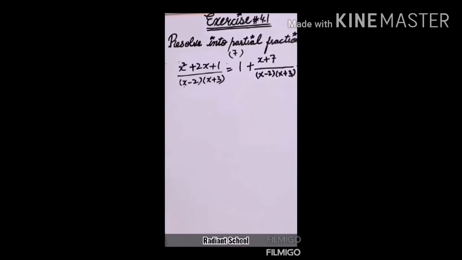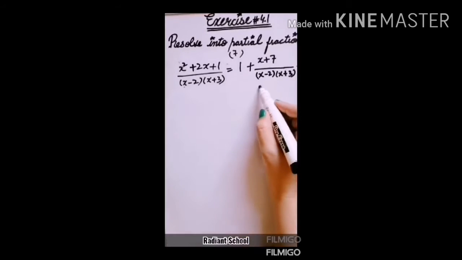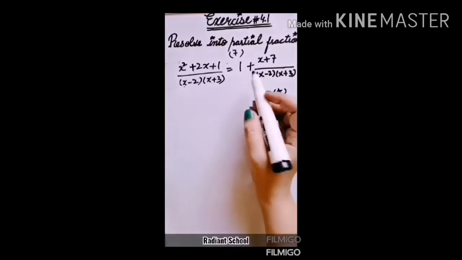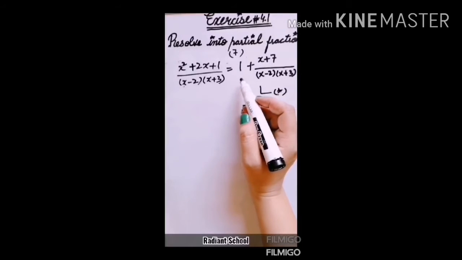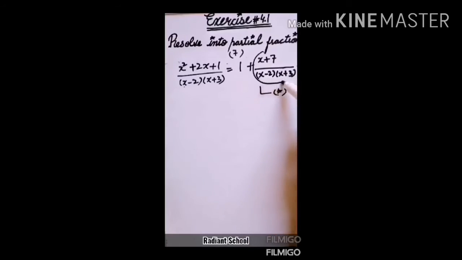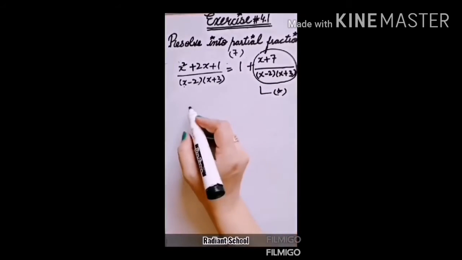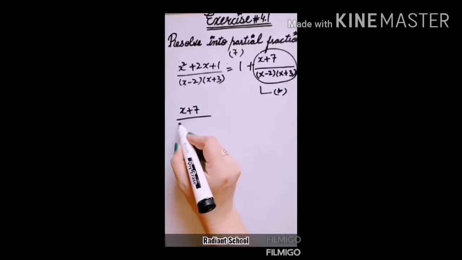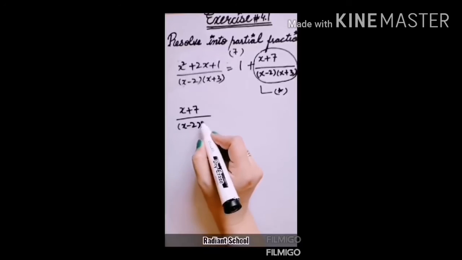Okay students, now we have set this equation as equation star. From this equation, the 1 is not in algebraic expression form, so we take this expression and convert it into partial fractions. You have to take this expression from equation star, x minus 2 x plus 3.